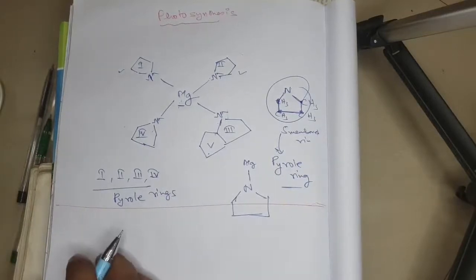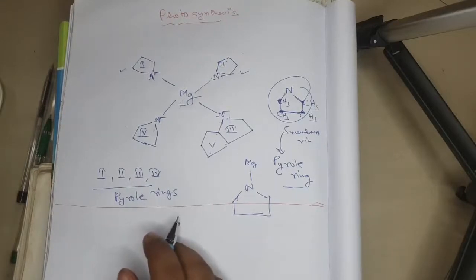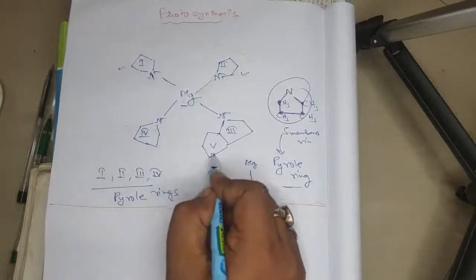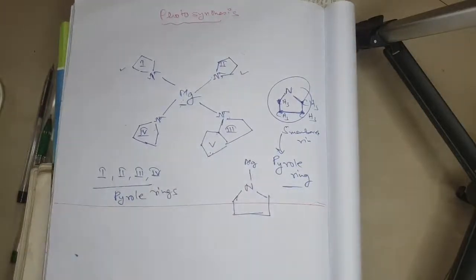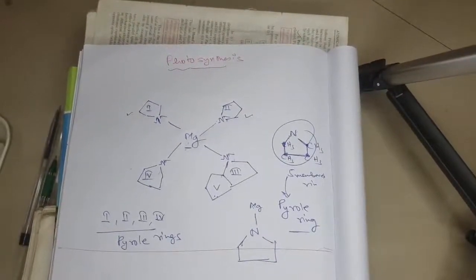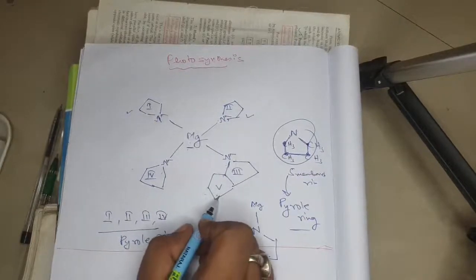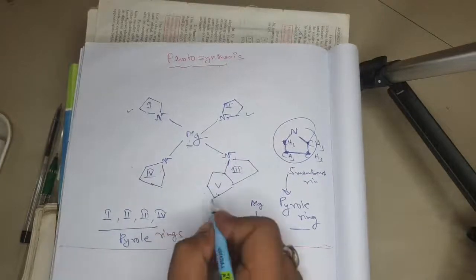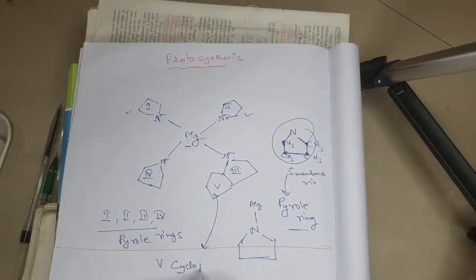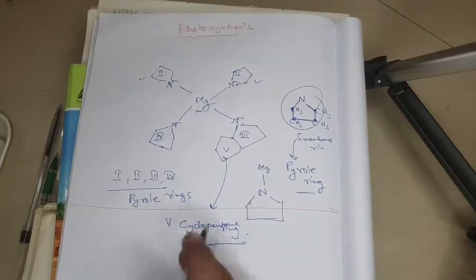Okay, but you see the ring number 5 that you are seeing, this ring number 5 is a cyclopentane ring, because this is not a pyrrole ring.